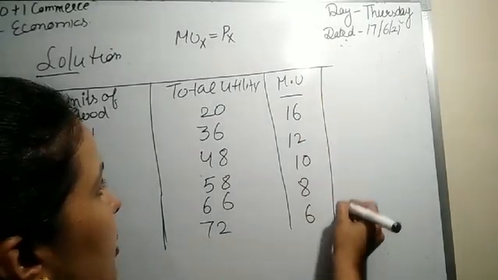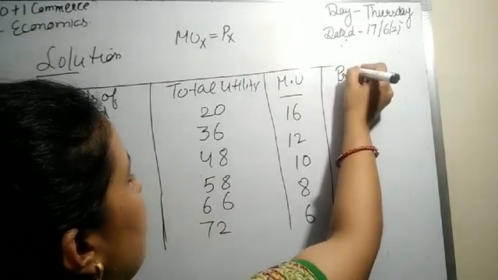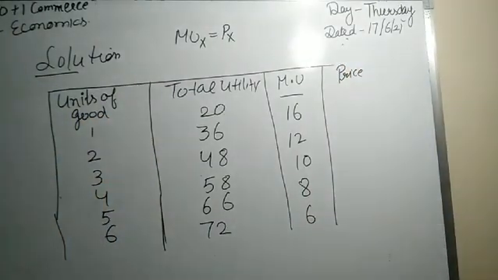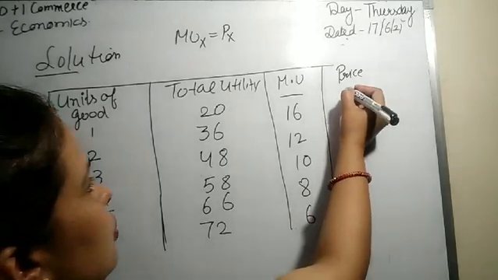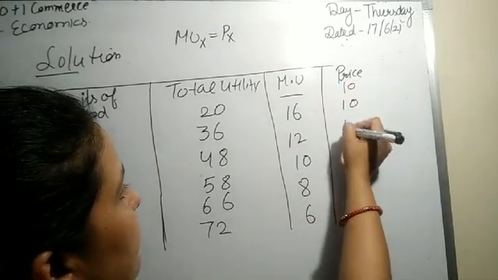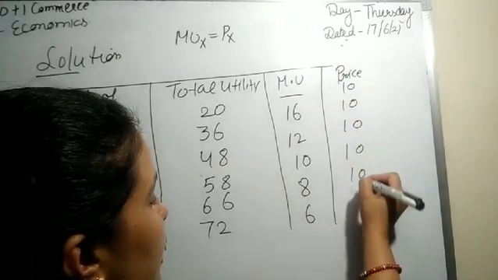Price is given in the question: each unit is at the price of rupees 10. So the price of each unit is 10, 10, 10. There is no change in price.